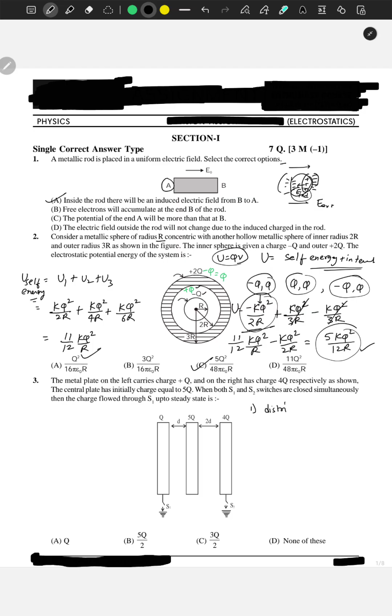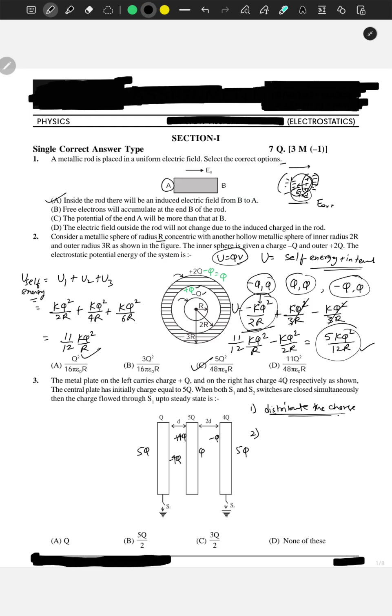I'm just going to write the steps here. Just follow this every time you see this kind of question. So first distribute the charges. Total 10q, so half is 5q. So 5q here, 5q here. This one has q, so now we'll balance it, minus 4q plus 4q. Then q, minus q, and it becomes this one.